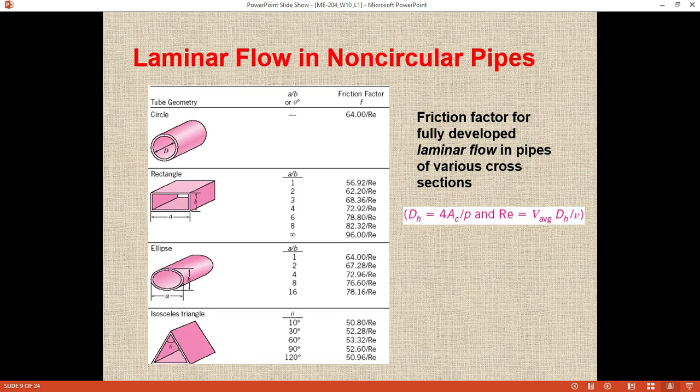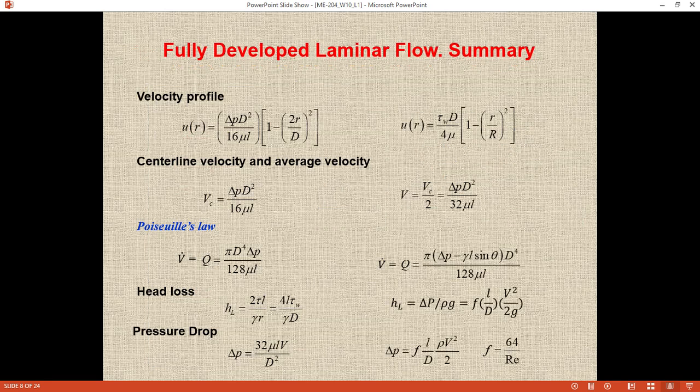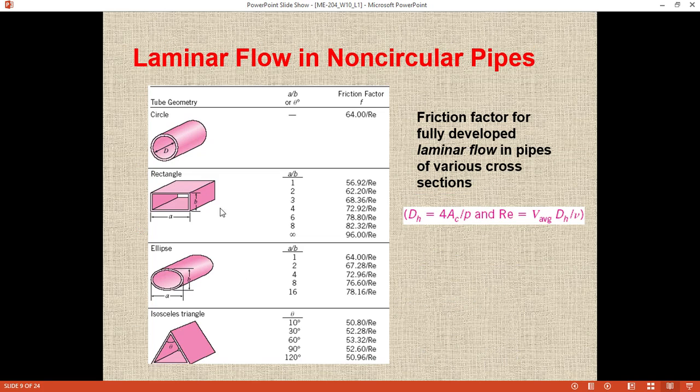So let's see laminar flow in a non-circular pipe. These equations are derived for the circular pipe, but if the fluid is flowing through a non-circular pipe, how can we calculate the pressure drop?